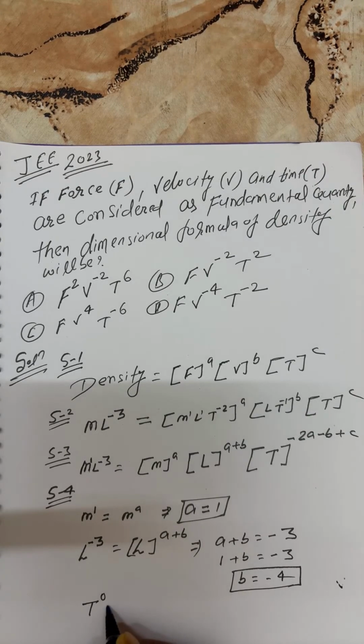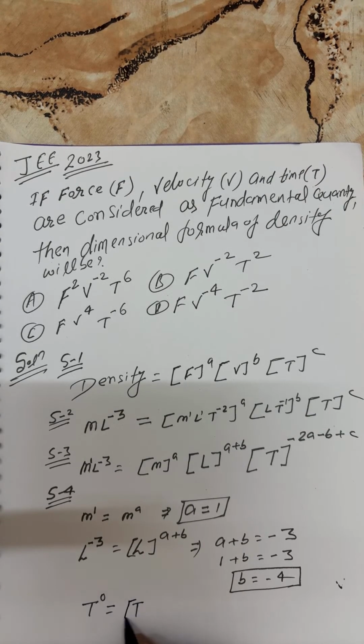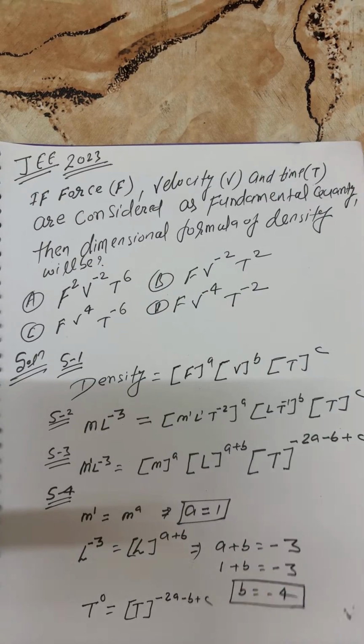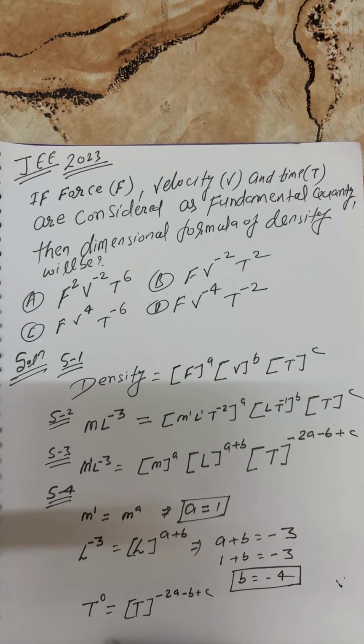So now, students, t to the power minus 2a minus b plus c. Let's equate both sides: minus 2a minus b plus c is equal to 0.